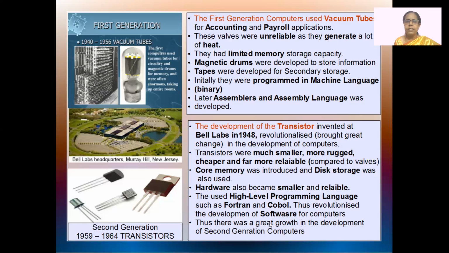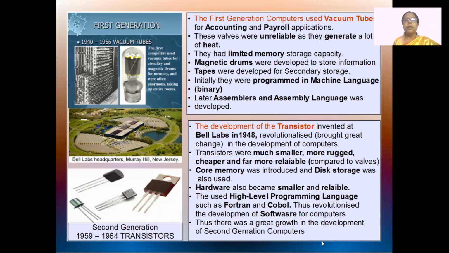So the software developed for the computers was Fortran and COBOL. Thus, there was great growth in the second generation of computers. You can see this is Bell Labs, where the transistors were developed. Its headquarters is in Murray Hill, New Jersey, US.